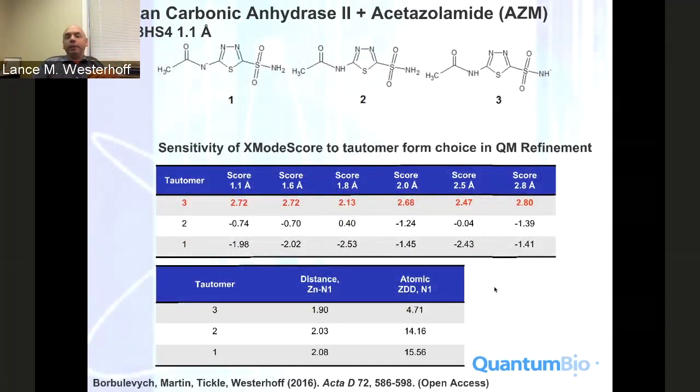We went through and did the same scoring that I talked about a minute ago. So this is the XModeScore, which again is the difference density and the strain brought together. And in this case, the higher the score, or the more positive the score, the better. And it turns out, again, that same tautomer 3, the one from the previous slide, has the highest score all throughout.